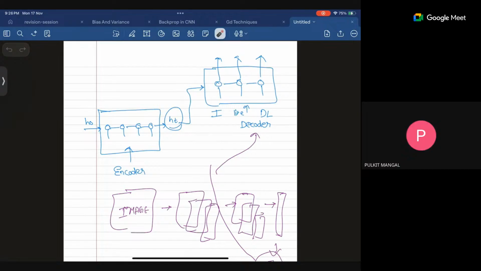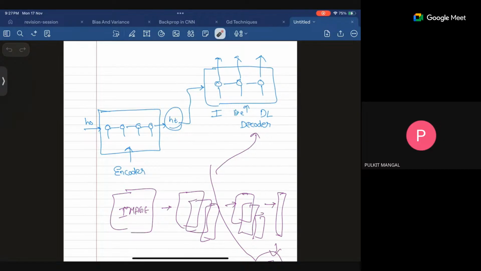But here we do not want the label. Instead, we are passing text like the boy throwing the frisbee or the man is walking. So this was another task.